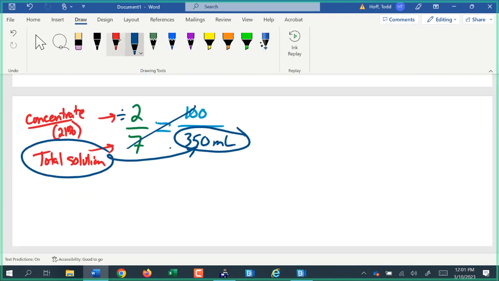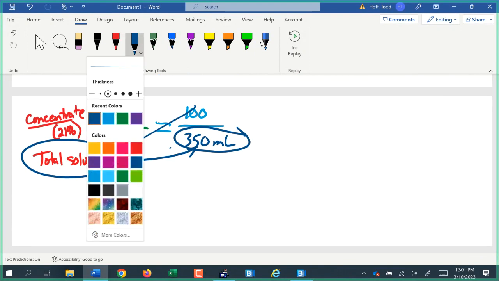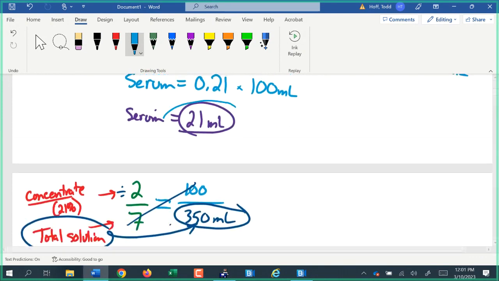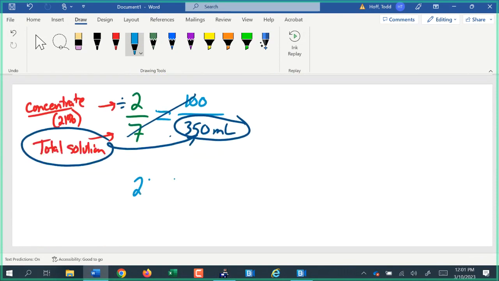To find the percent then, we go back to our dilution formula. We know that we still have 21 milliliters of serum. We haven't added any serum. We've only added sterile water. So we have 21 milliliters is equal to whatever the new concentration is, that's our X, times our new volume of 350 milliliters.